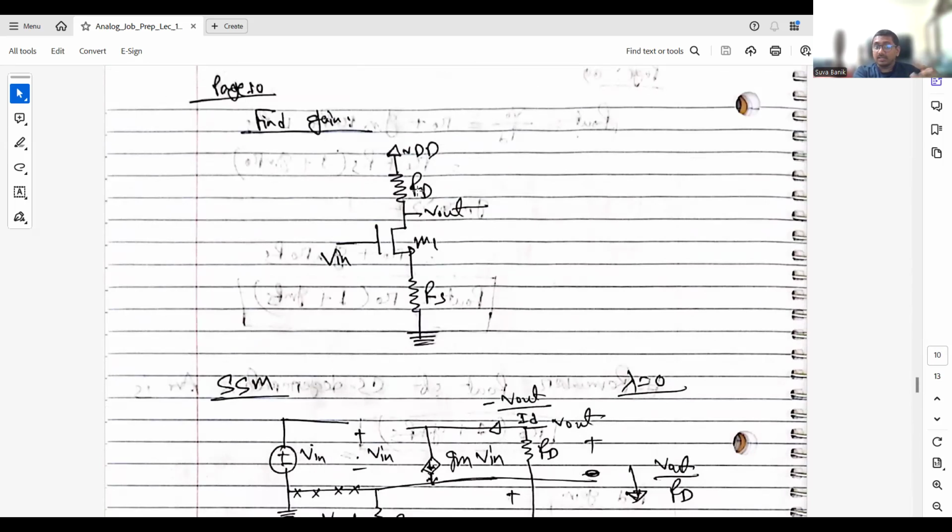If my VGS increases, my current will increase. If my current increases, then the same current will flow through RD and RS. So if the current increases, the drop across this resistance will increase. If the drop increases, gradually my VGS will decrease and my ID will decrease again.